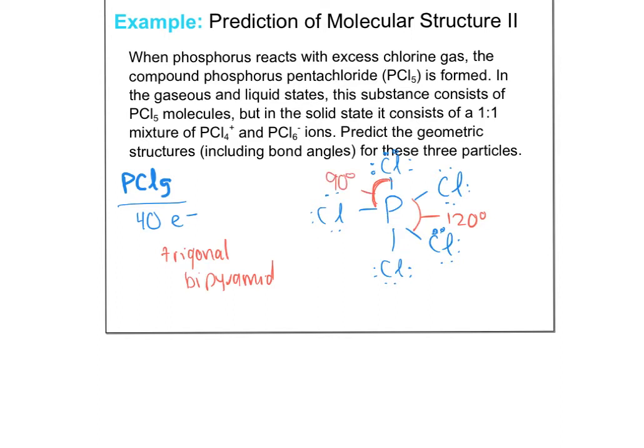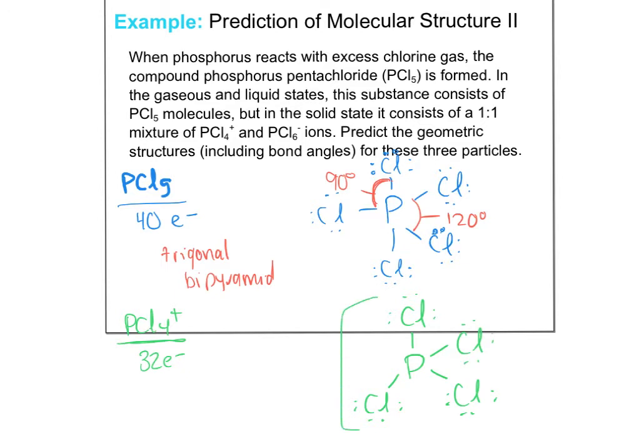Okay, let's try the next one. We have PCl4 plus. This guy is going to give me 32 electrons. So I got my P. Don't forget my brackets.